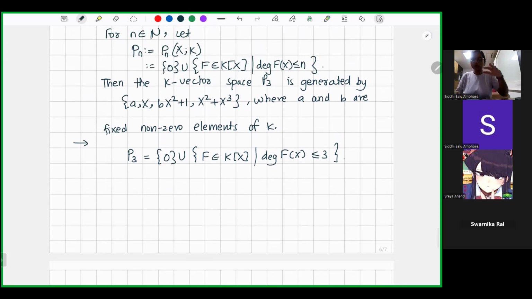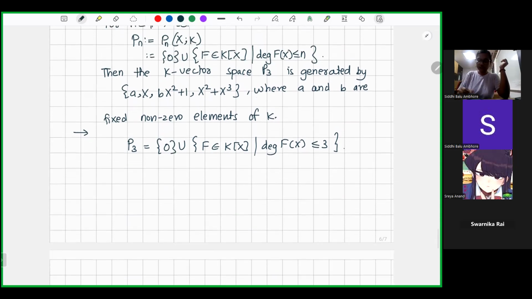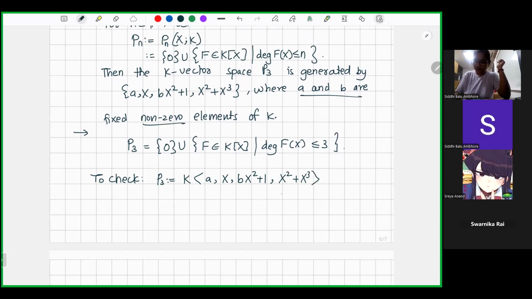So now what we need to check is whether this P3 is generated by this set: a x, b x square plus 1, x square plus x cube. This a and b are fixed and non-zero.